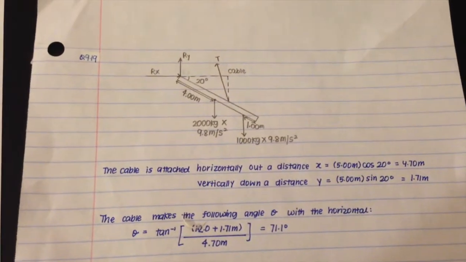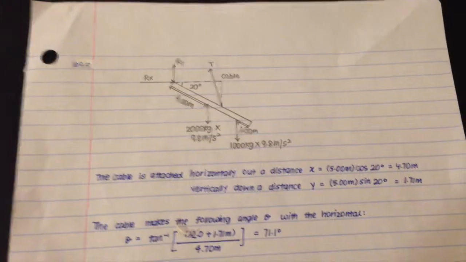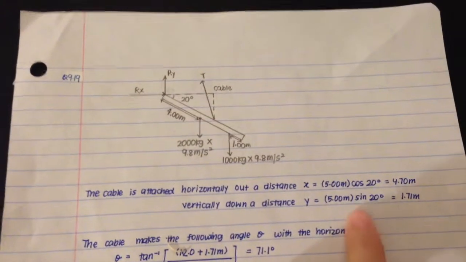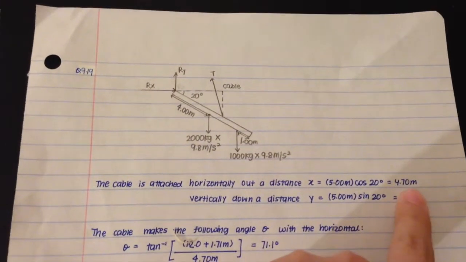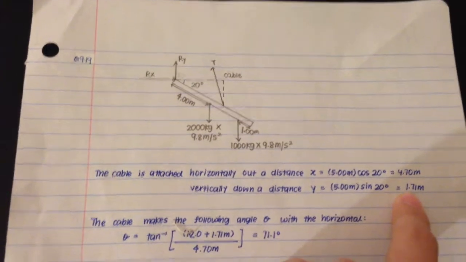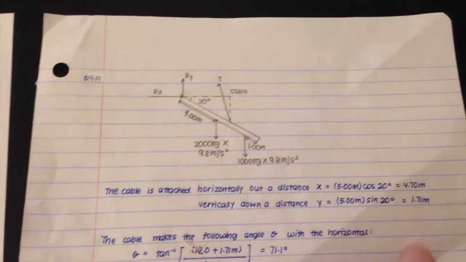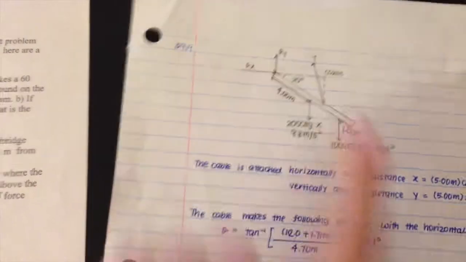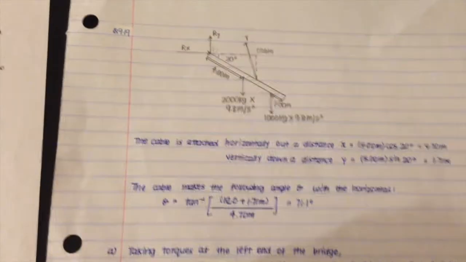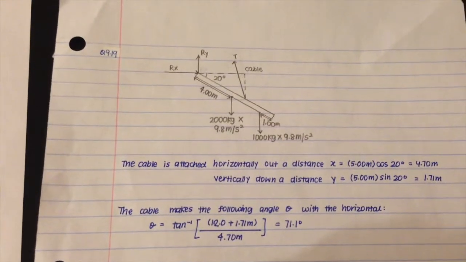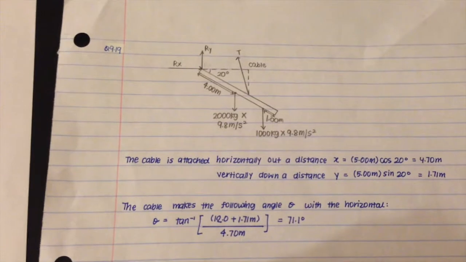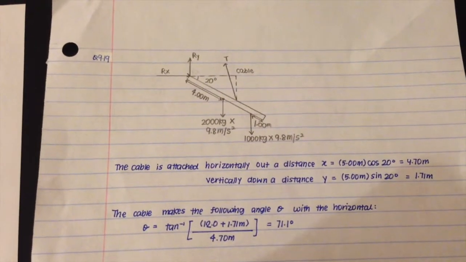Firstly, I will find how far the cable stretches out in the x and y direction respectively. From here I can see that it stretches out 4.70 meters and 1.71 meters in the x and y direction respectively. I also want to know the angle that the cable makes with the horizontal, so I use the inverse tangent of y over x.